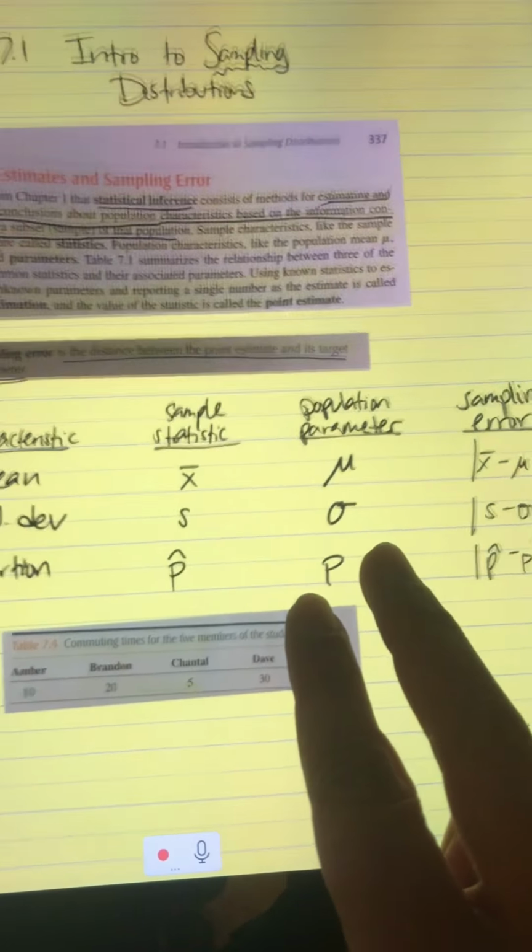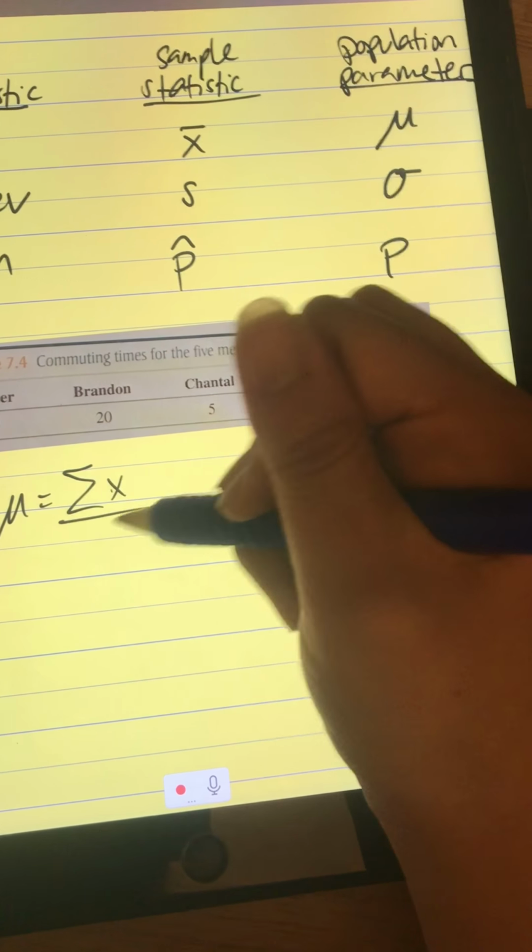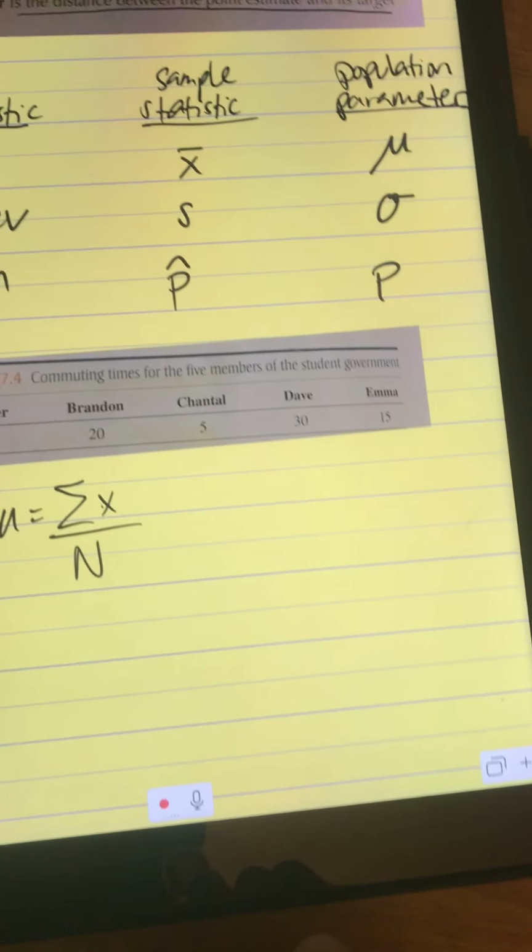Let's consider this whole thing a population. And I'm going to learn about the population by taking samples from this population. So if I want to take the population mean, remember that is the sum of all the x's over how many there are.